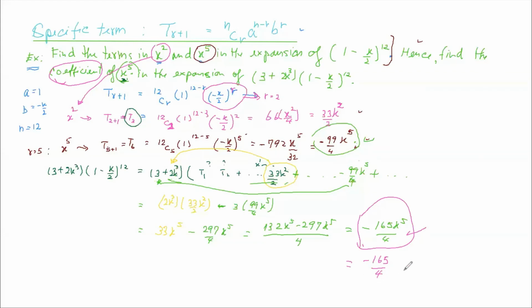If they say find the fifth term, or find the term in x power 5, you answer with the expression on top. But if the question says find the coefficient, then you answer only the number in front of the variable x. So that's the way.